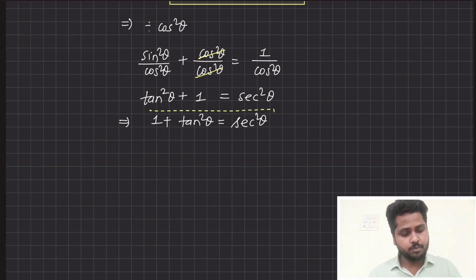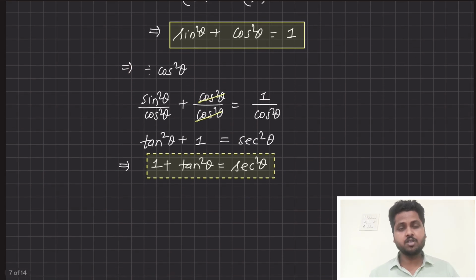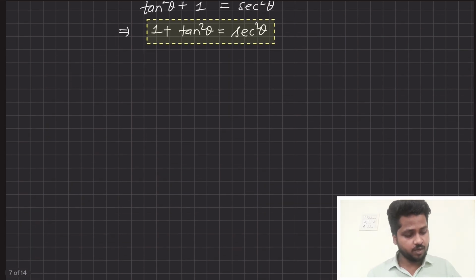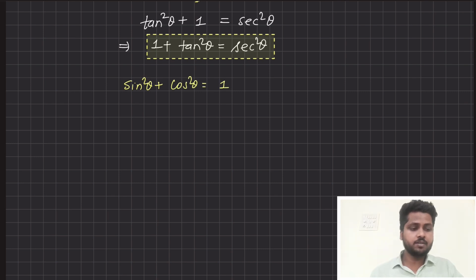And how do we get identity number 3? Here we divided by cos square theta. If I divide by sin square theta in sin square plus cos square is equal to 1, then we have sin square theta plus cos square theta is equal to 1. If I divide this by sin square theta, then what will I get?